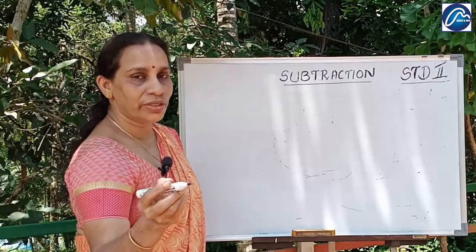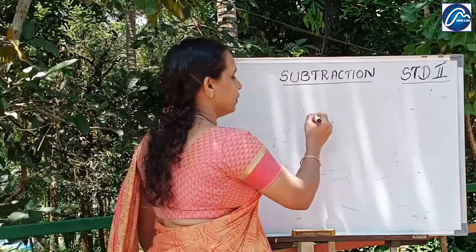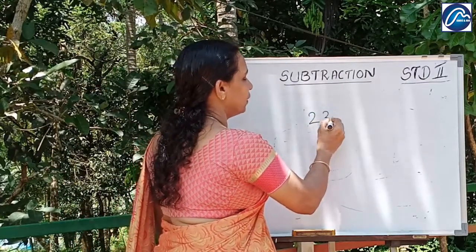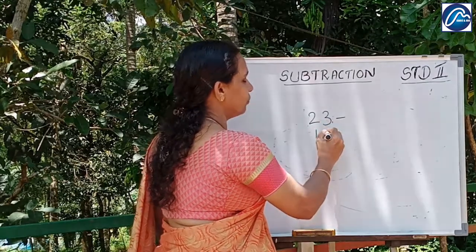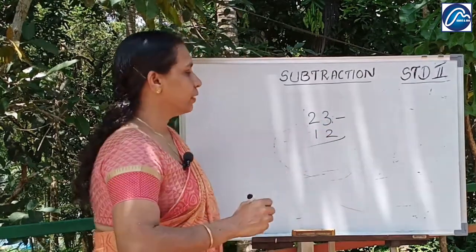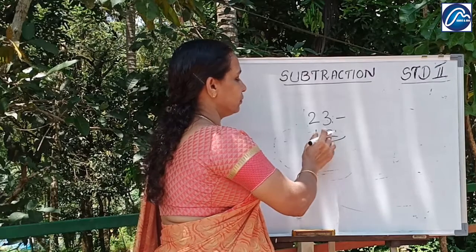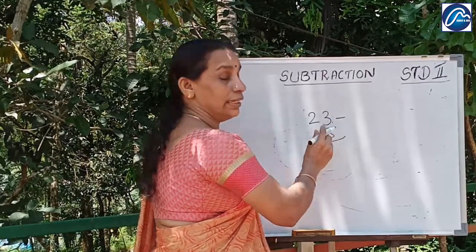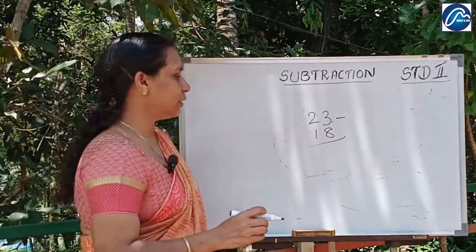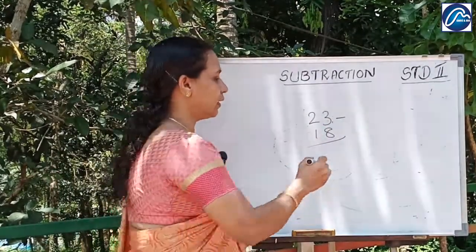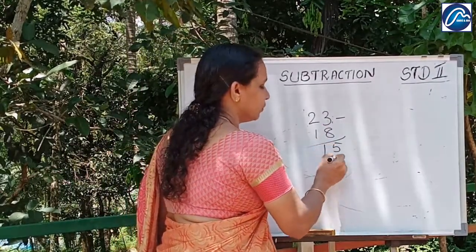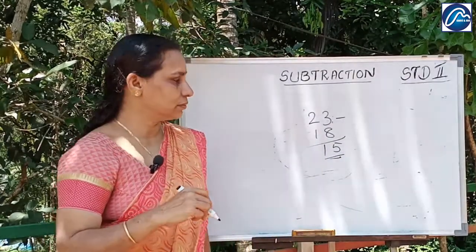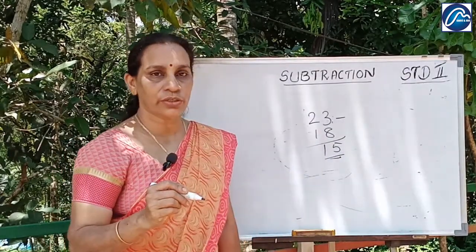So I have given a sum for you. 23 minus 18. Okay. Somebody has done it like this. And you have to check your answer.